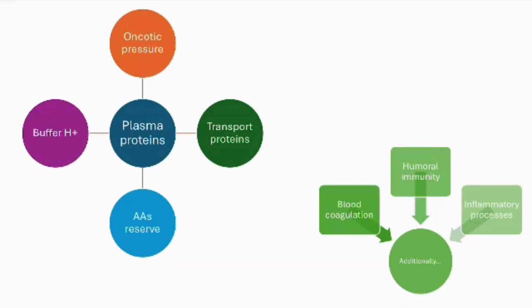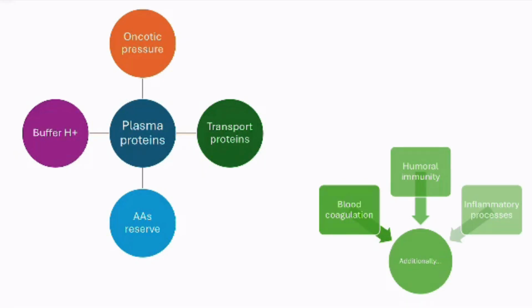Some important functions of plasma proteins include oncotic pressure, which is also known as colloid osmotic pressure, and all proteins, but mainly albumin, will help retain water inside the vessels for body fluid regulation. Then they also act as transport proteins, as we will see further, but albumin definitely does that function.